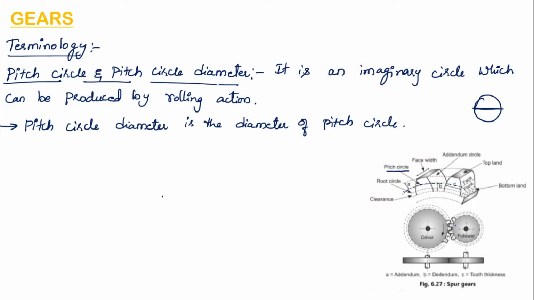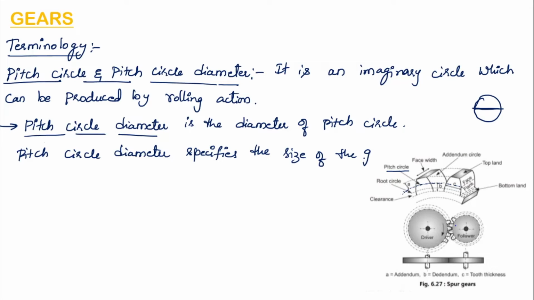The gear size is specified by the pitch circle diameter. Why is the pitch circle diameter important? Because it specifies the size of the gear.